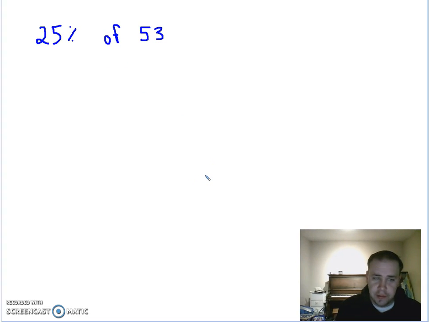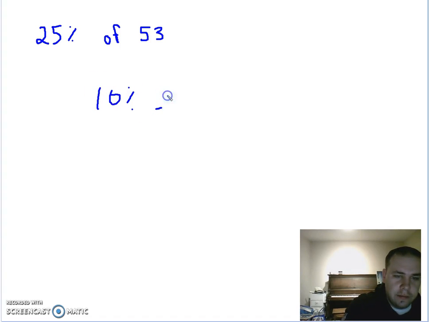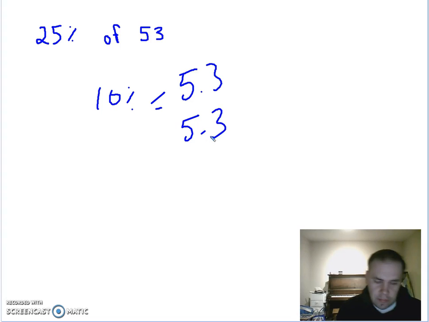So if we were to do 25% of 53, well, we know that 10% equals 5.3. And then we have another 10%, because we would have 20%, and then we have 5%.